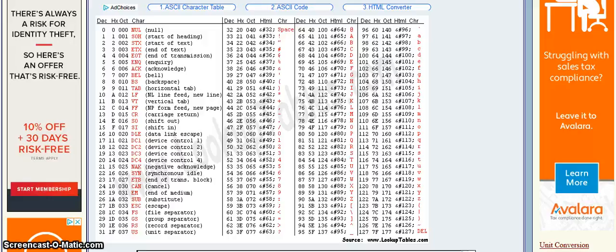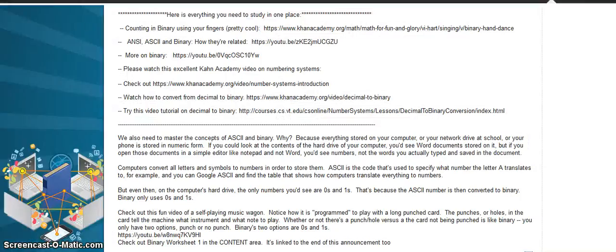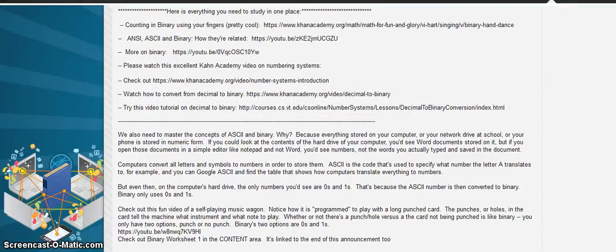I'm going to stick to lower numbers, because if you can do a lower number, you can do a larger number, especially if you just plot out on paper all of the powers of 2. So this particular video is really pretty good on how to convert small numbers from decimal to binary.